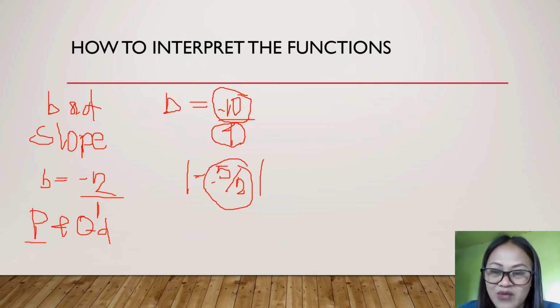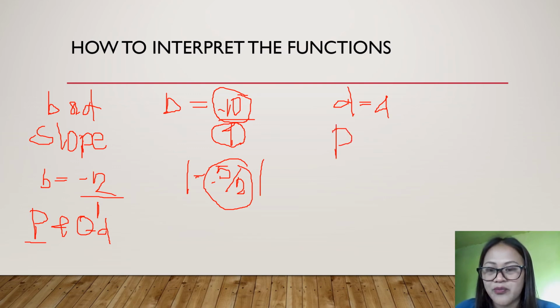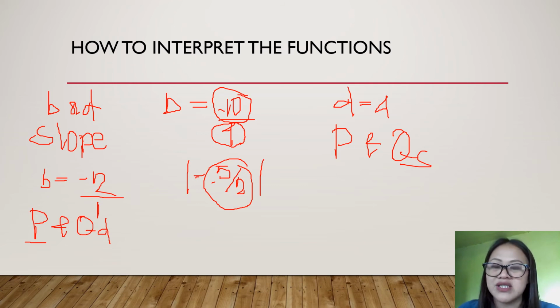Same is true if we have a D value, or the slope of the supply function, which is a positive 4. Diba? So, in that, we are still comparing the price and your quantity supply. Now, remember, there is a positive relationship of the two. So, if you're going to interpret that, if the price is changing by 1 peso, quantity supply is also changing by 4 units.